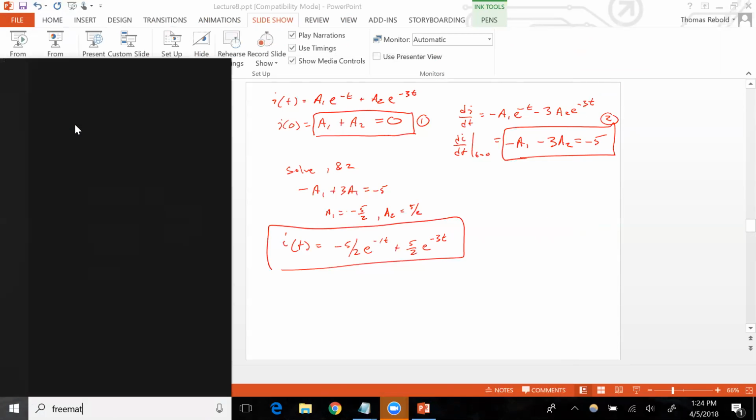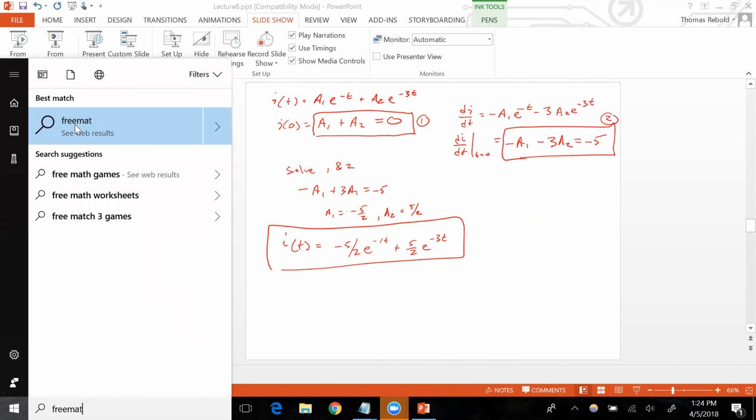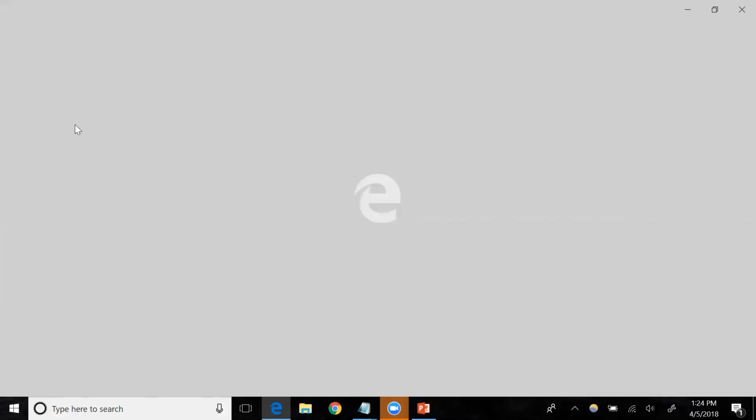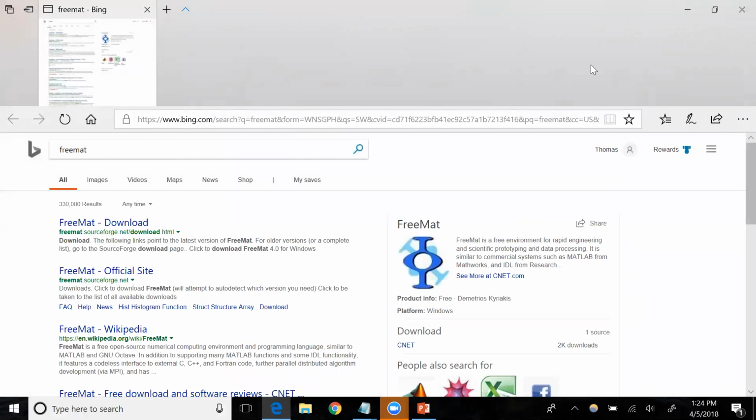Except my computer is just really slow. I'm afraid to even load it. But the initial slope is, so what this curve actually looks like, we should have a plot for all these things. I actually have FreeMat.